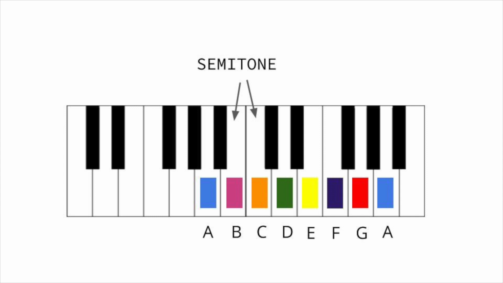Okay, so the only other pair of semitones I can see here is E to F. So those are our 2 pairs of semitones, B and C, and E and F.